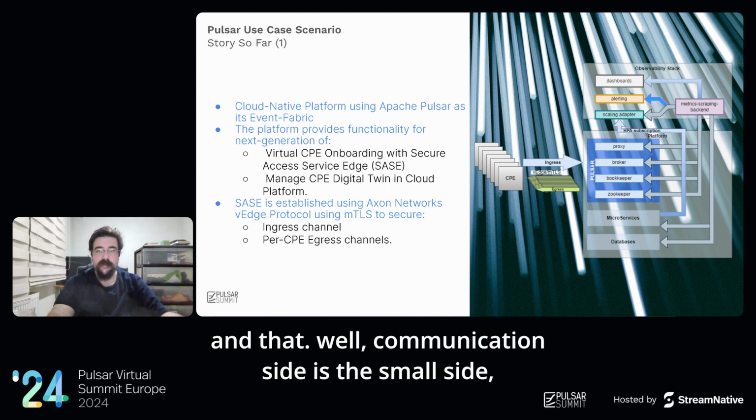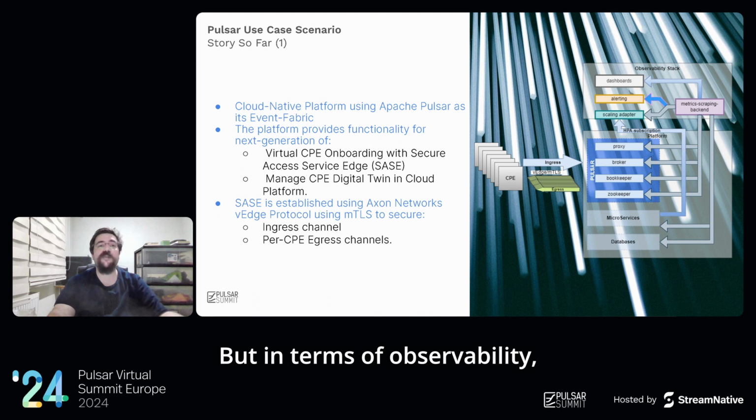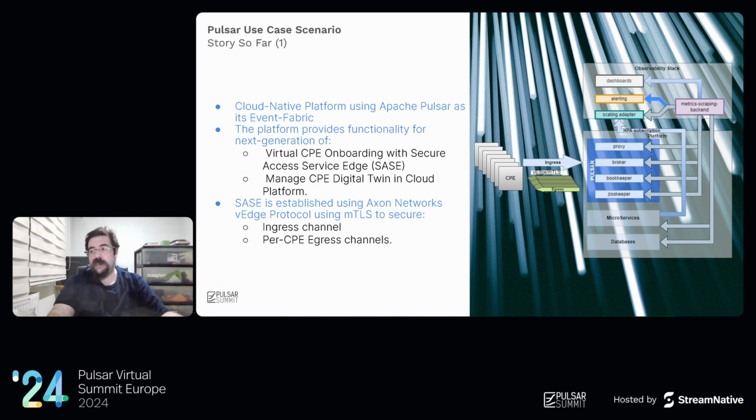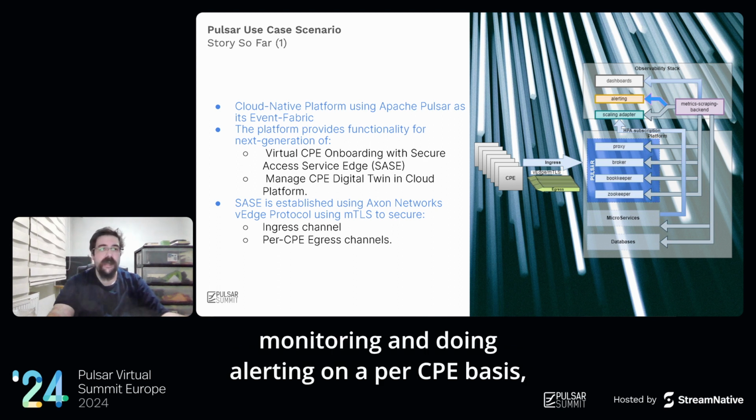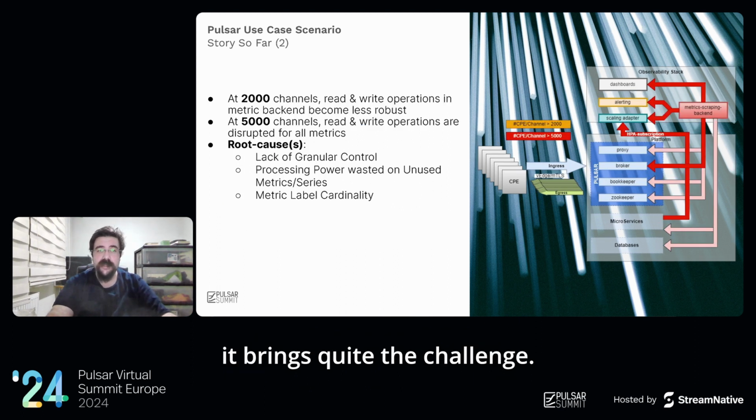That communication and system load side has a challenge on its own. But in terms of observability, maintaining the monitoring and doing alerting on a per-CPE basis, it brings quite the challenge.